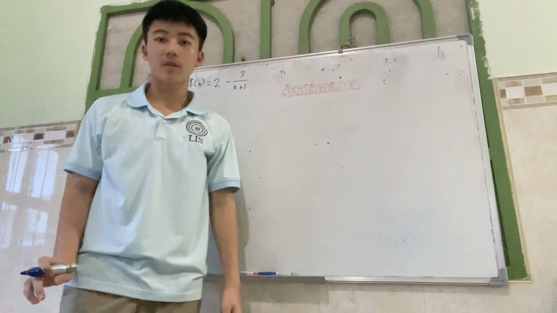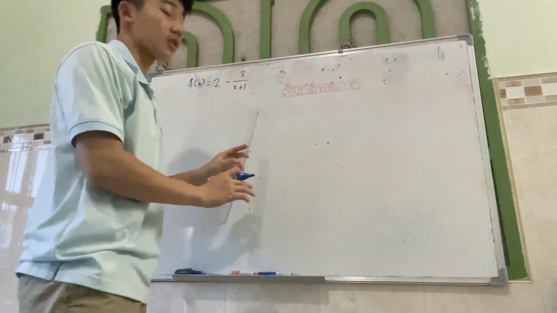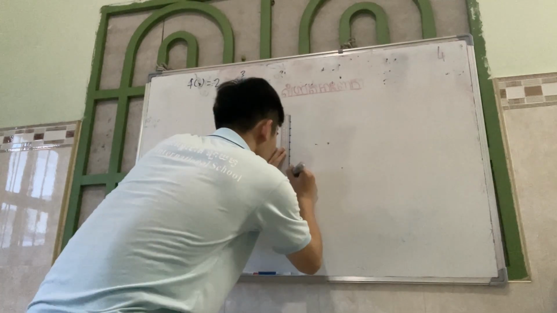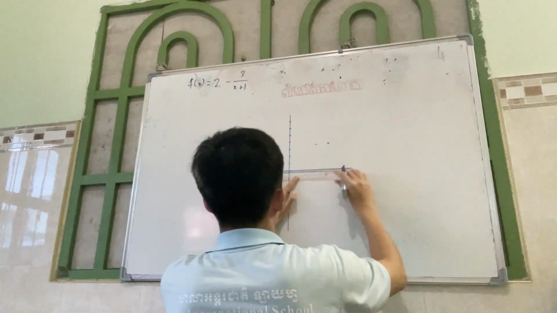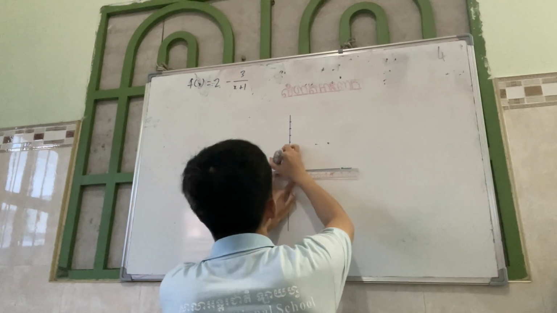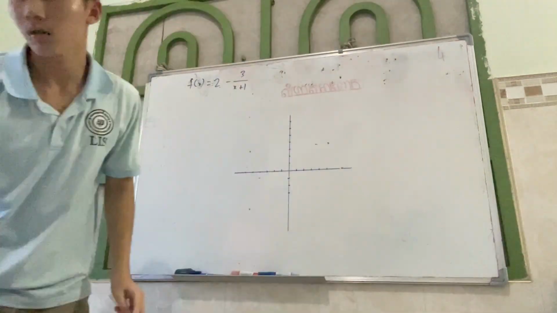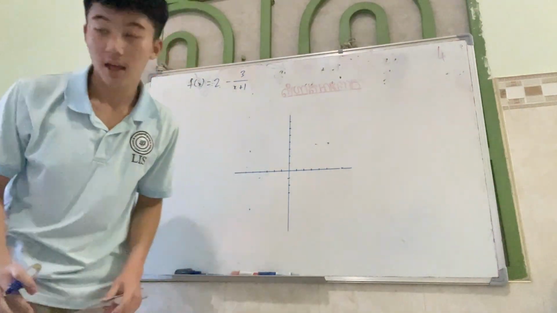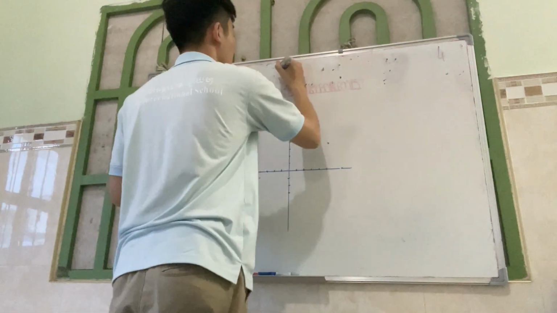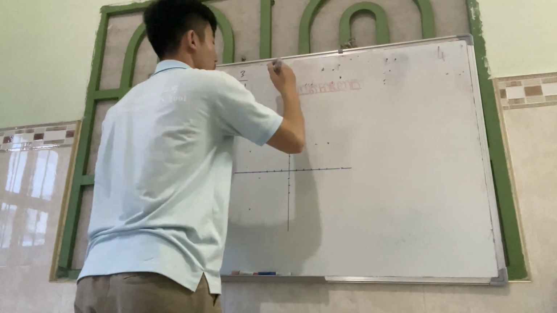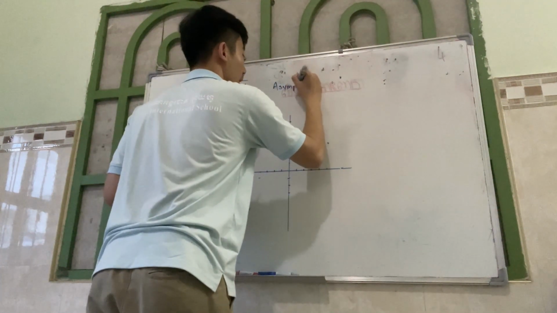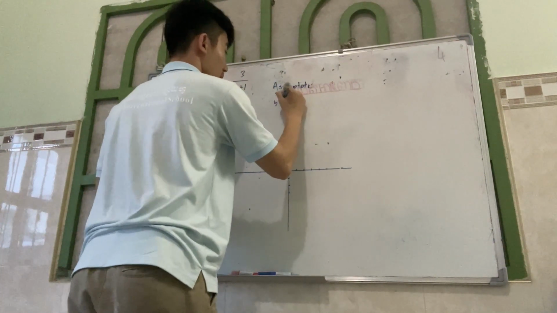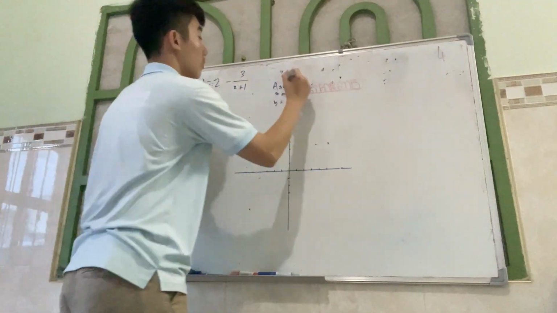And for the last step, we will need to sketch the graph. So I will draw the graph here. Our asymptotes are x equals negative 1 and y equals 2.